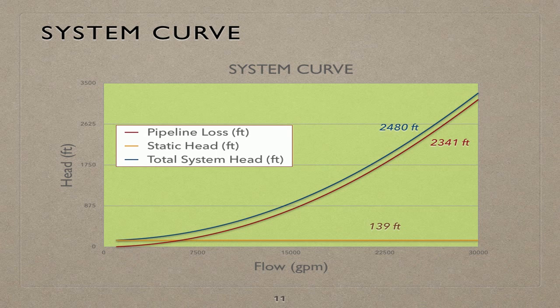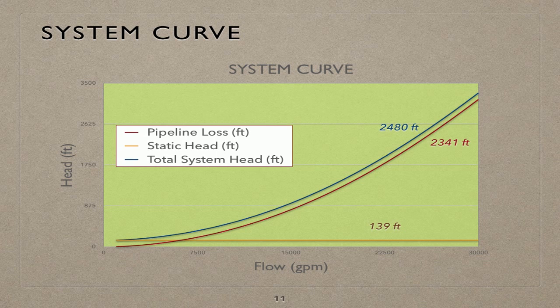Flow in the system can change based on the valve opening. So we can define system head based on a specific flow rate as a specific valve opening. This blue line shows the system curve, which is the sum of the friction plus static head.